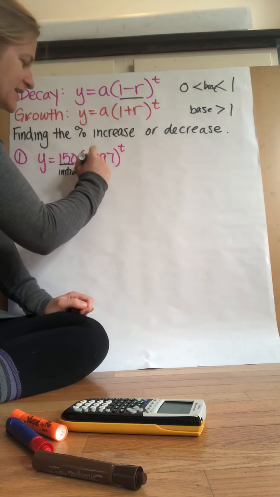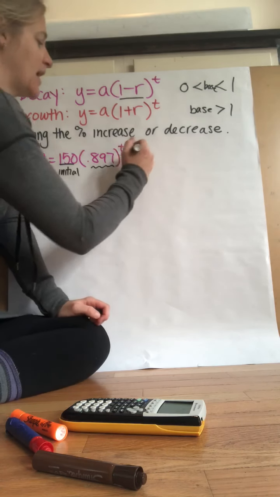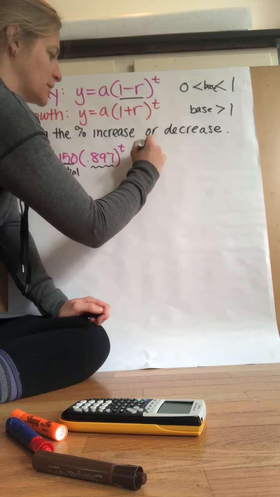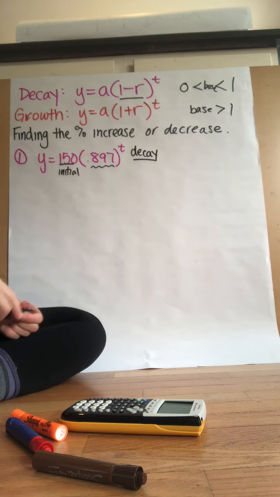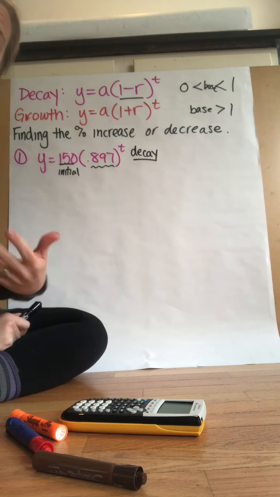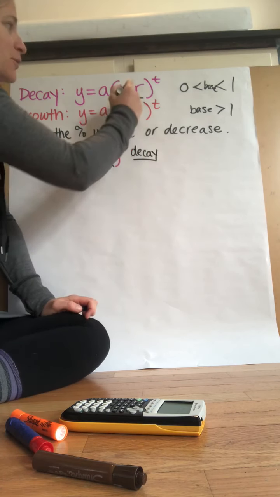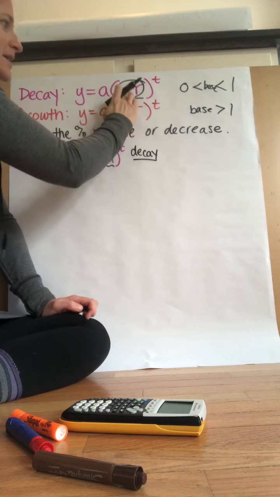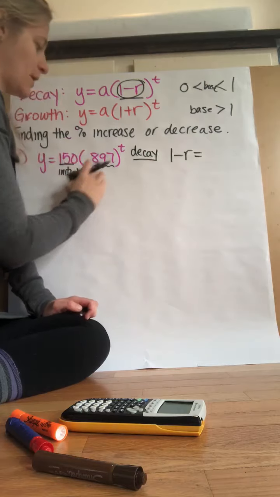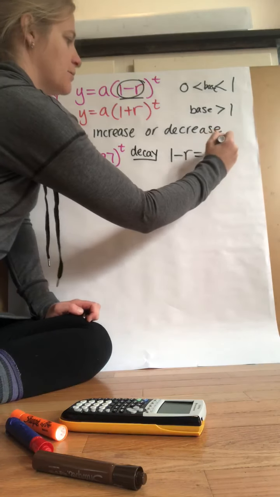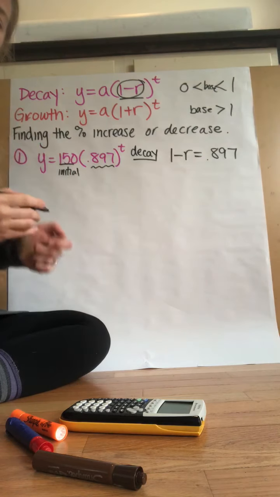But I can see here, 0.897, that this is an exponential decay problem, okay? This is an exponential decay problem because 0.897 is less than 1, okay? So that means I'm going to have to use this 1 minus r model to determine what my rate of growth is.